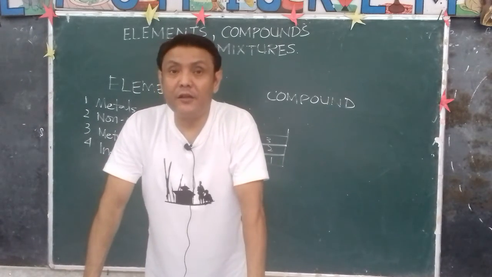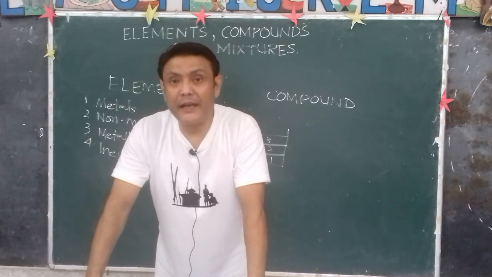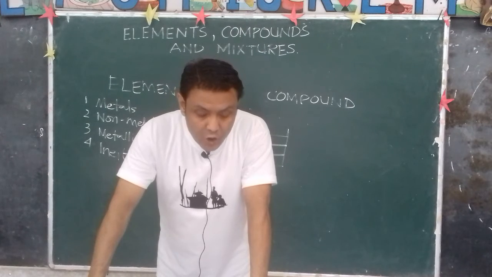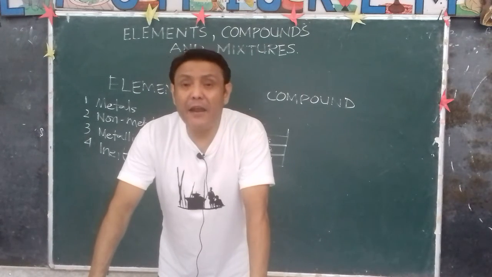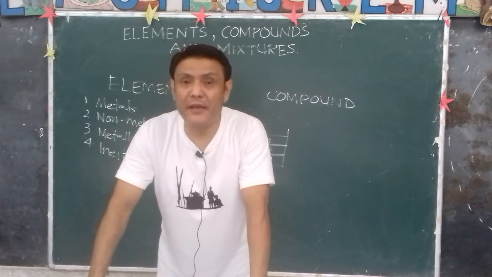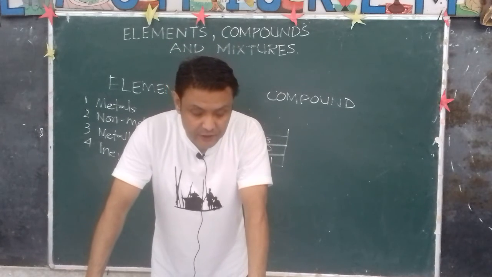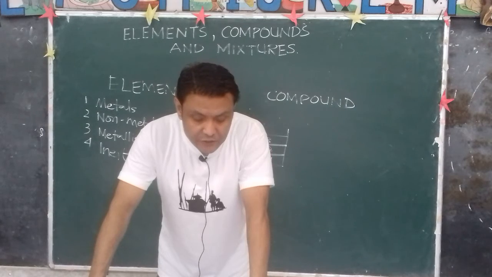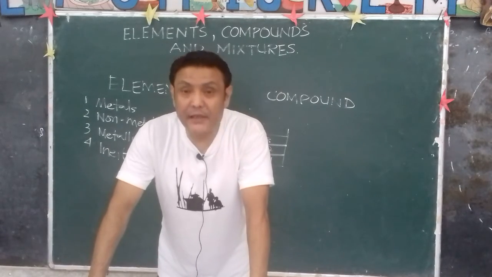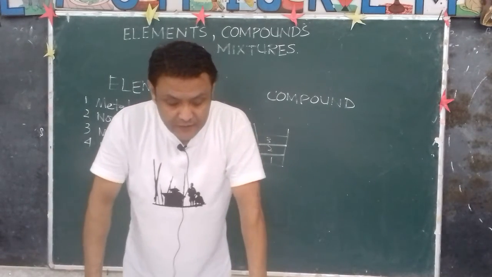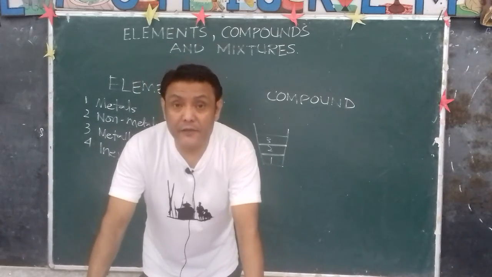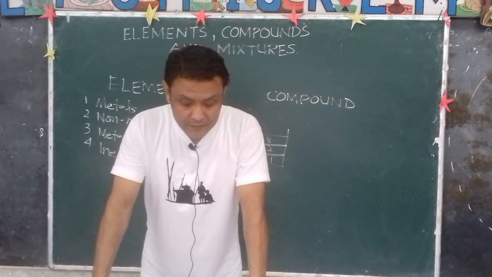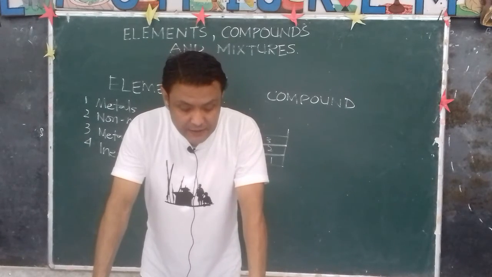A homogeneous mixture has the same property throughout, whereas we do not have the same property in a heterogeneous mixture. And the last point of difference is that the constituents of a homogeneous mixture cannot be easily separated, whereas the constituent particles of a heterogeneous mixture are easily separable. They can be separated easily.